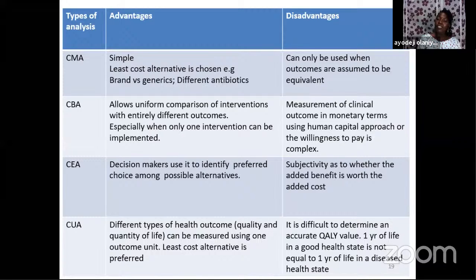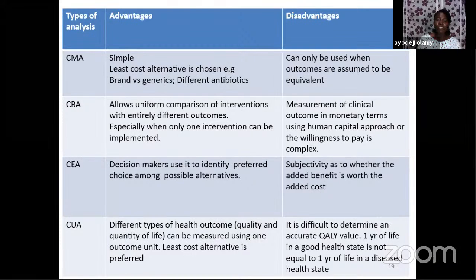How much is the patient willing to pay to get immunized to prevent developing COVID-19 infection? So if the patient is willing to pay, does the patient really have the money to pay this? So all this is difficult to put monetary terms on, and that might make cost-benefit analysis difficult to measure.